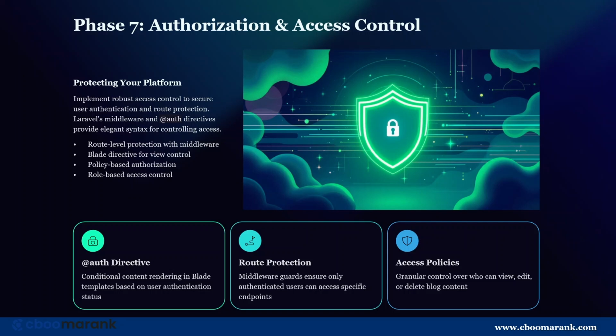control. When we say auth directive, that is conditional content rendering in blade template based on a user's authentication status, while route protection is middleware guards ensuring only authenticated users can access specific endpoints.